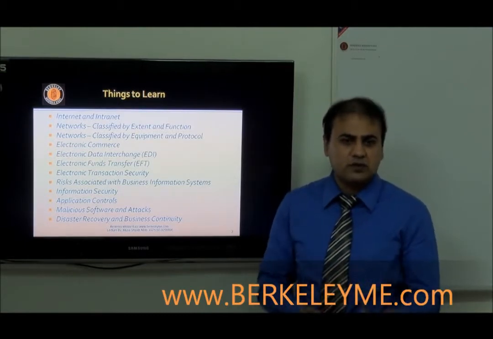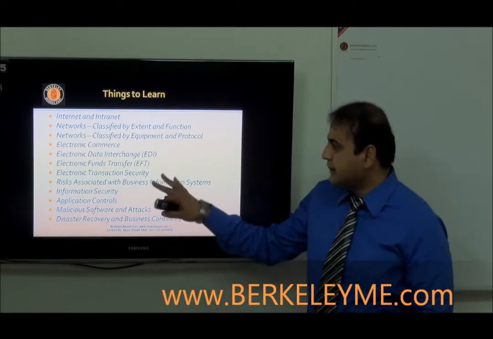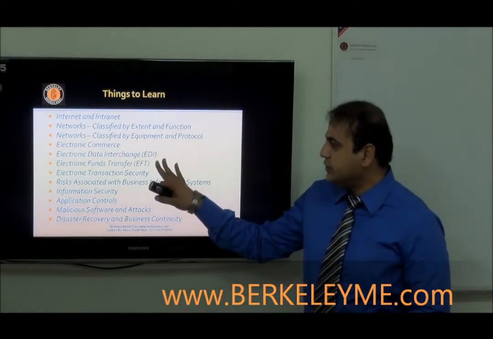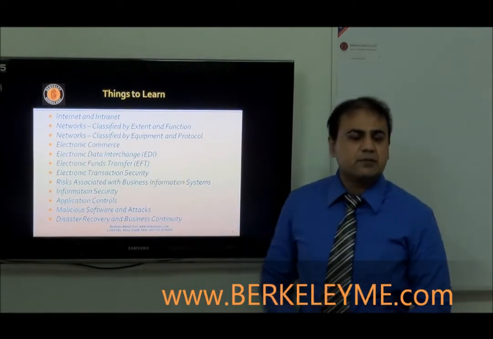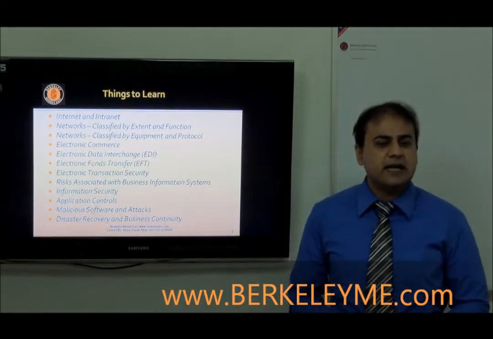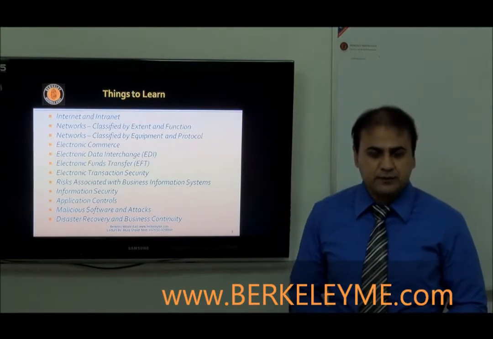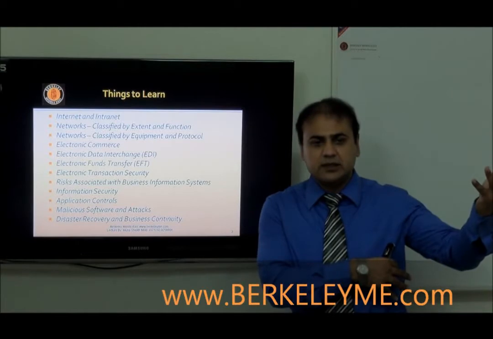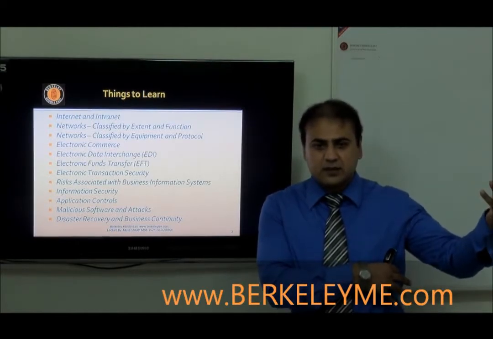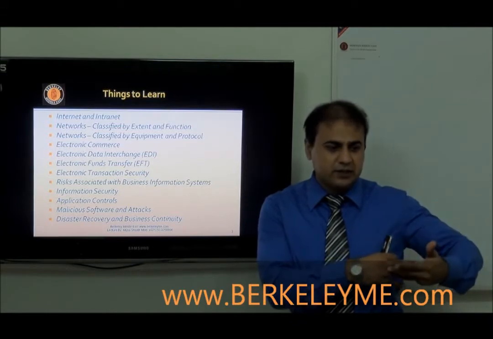How e-commerce works and what the advantages are, we will study. Electronic data interchange, EDI, is used by big companies using a just-in-time inventory management system. They give access to their data to their suppliers by using EDI, electronic data interchange.